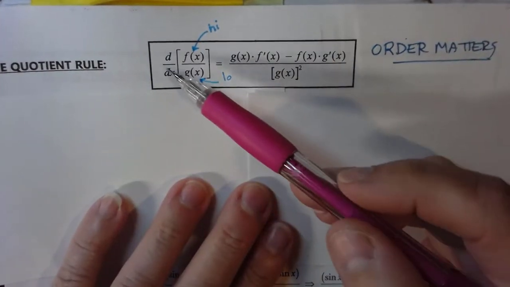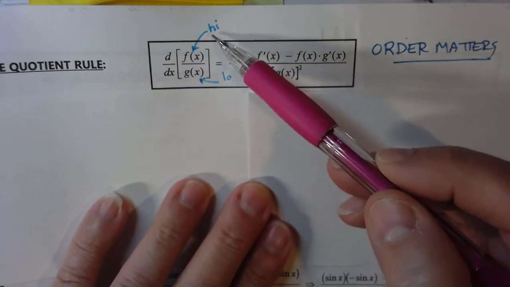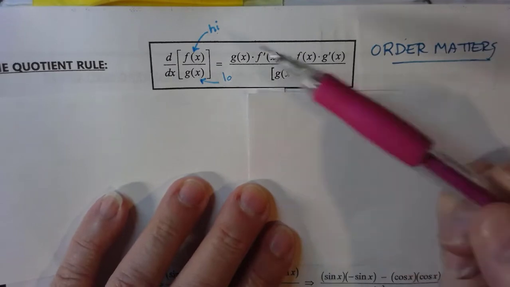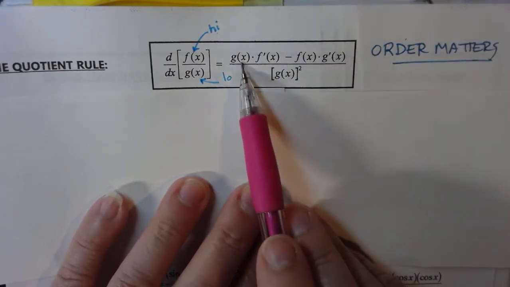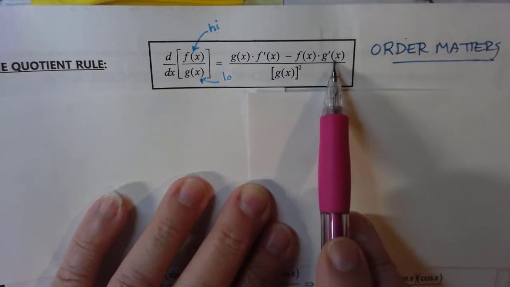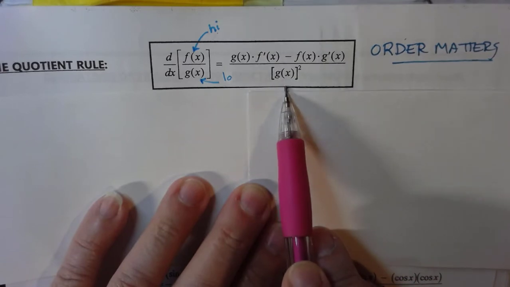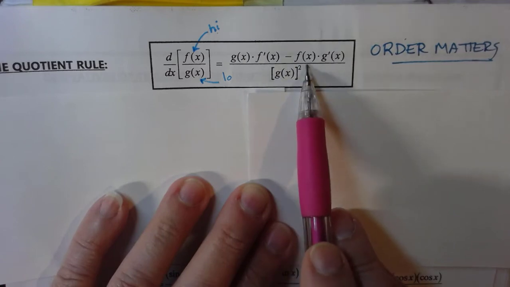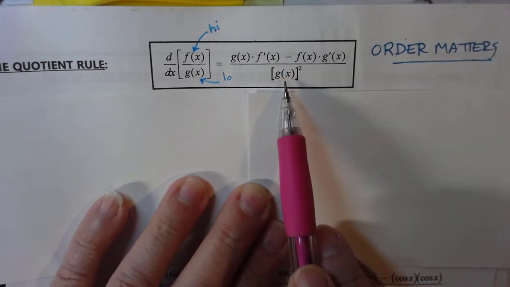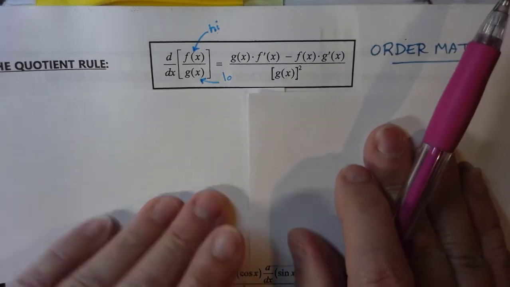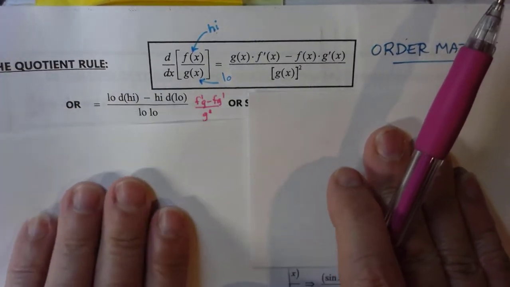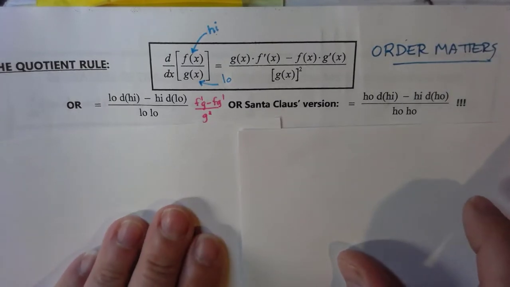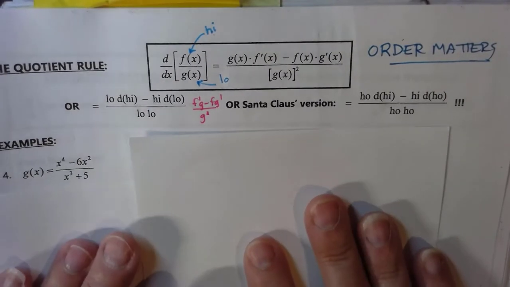So going back to thinking about my quotient as a function that's on top, so high, over the function that's on bottom, or low, we have low d high minus high d low over low low. That's the low function times the derivative of the high function minus the high function times the derivative of the low function over the low function squared. Or Santa Claus's version would be ho-de-hi minus hi-de-ho over ho-ho. All right, let's use that rule.